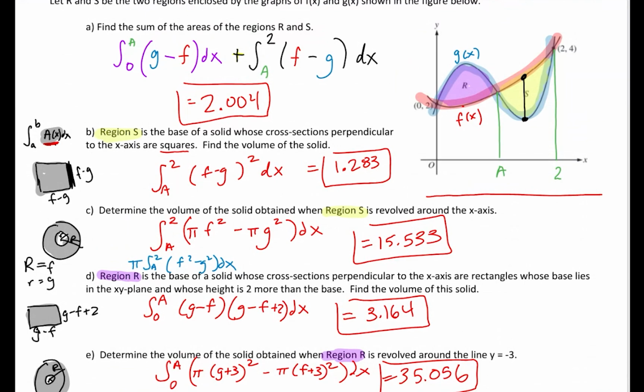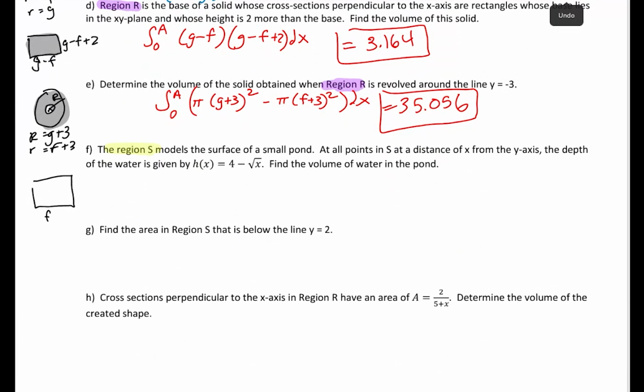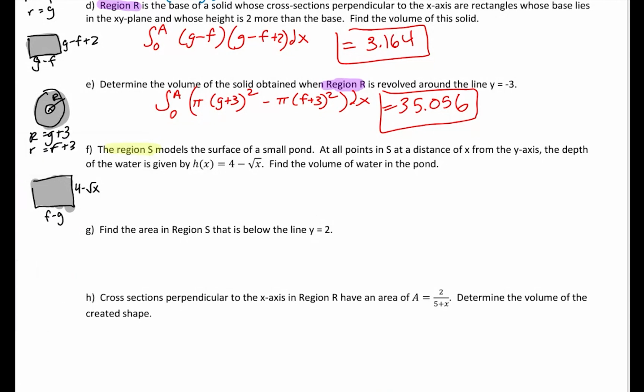So that's going to be like the length of that cross section. Okay, so it's going to be f minus g. And then the depth is 4 minus root x. And so each cross section is going to be a rectangle.